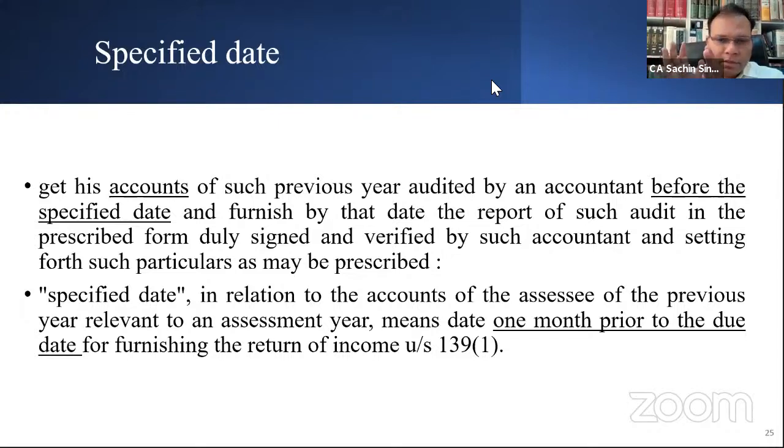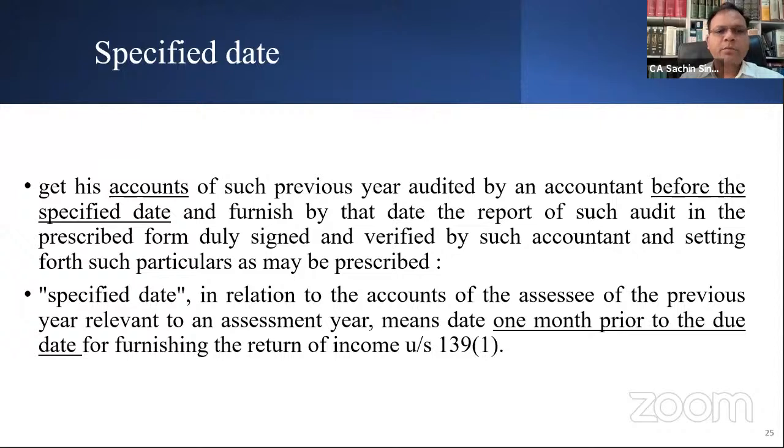So if the last date is 30th November, then what would be 1 month prior to the date? Any answer? If 30th November is the last date of filing of return, then what is the meaning of 1 month prior to the due date? Any answer on this? 31st October. Okay. Agreed, sir. So specified date means 31st October.